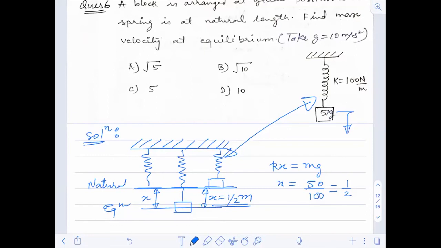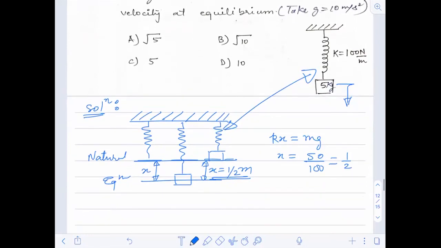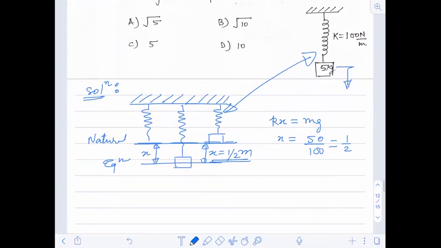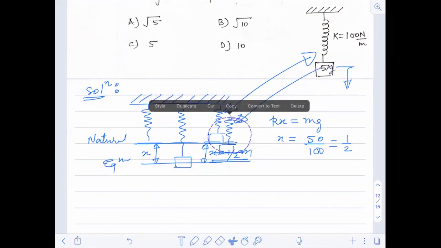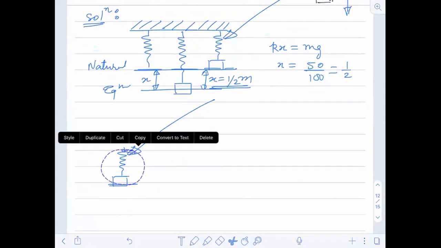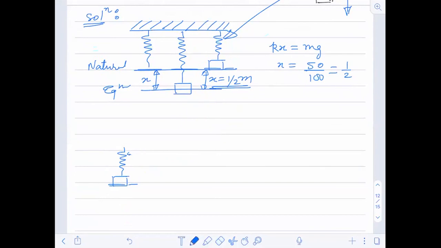Now at this position, when the mass moves further down, there has to be potential energy.